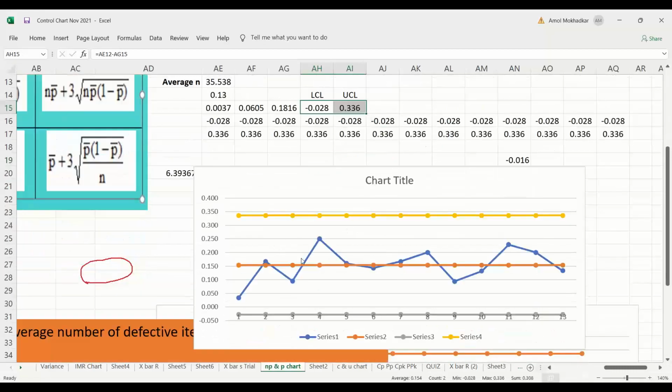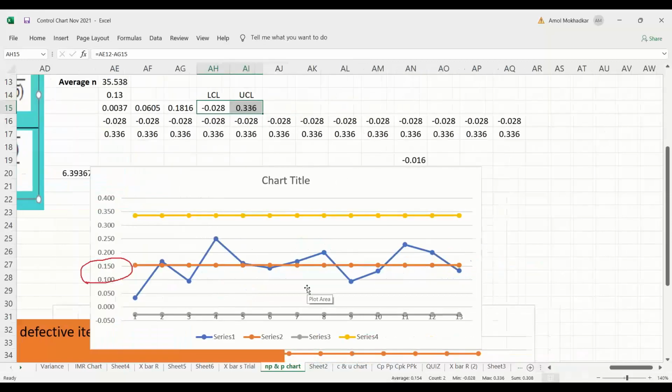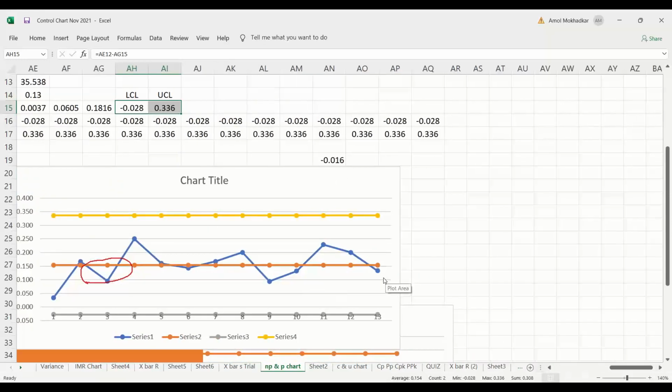And you plot this graph. This is the proportion data. Now every day, whatever samples you select, if you find 5 defective samples out of 60, you calculate the proportion, 0.0833, and you plot that value.